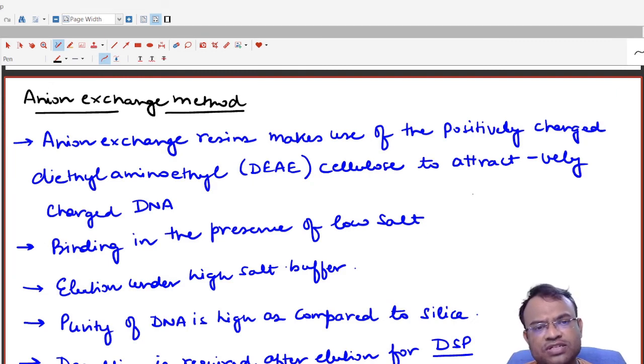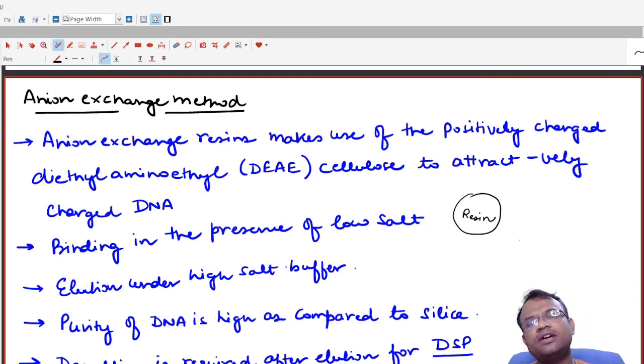So suppose this is our resin, and this resin would be positively charged. Remember, this resin that we are talking about should be positively charged, and to this positively charged resin, there is a temporary functional group that is bound. Suppose I am writing it as Y. This Y is a temporary functional group that is attached to this.